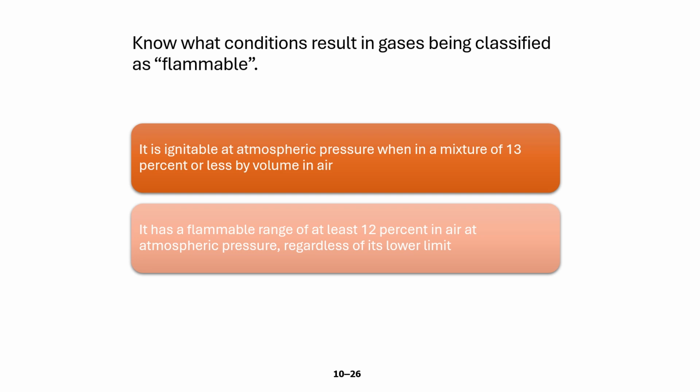It is ignitable at atmospheric pressure when in a mixture of 13% or less by volume in air. Or it has a flammable range of at least 12% in air at atmospheric pressure, regardless of its lower limit.